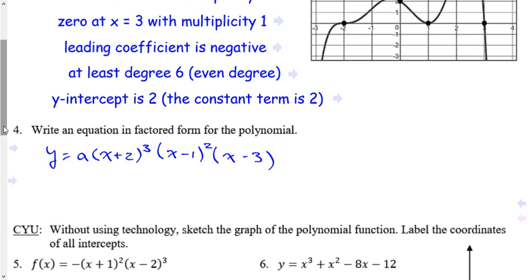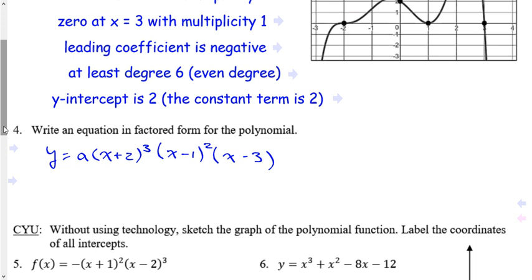Can you figure out what that a value is? I think you can. Oh, it's not that bad. Well, even just the y-intercept. You know the y-intercept, you know the ordered pair, plug in the x and the y. There you go, solve for a.